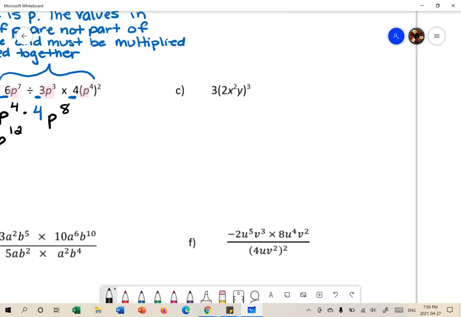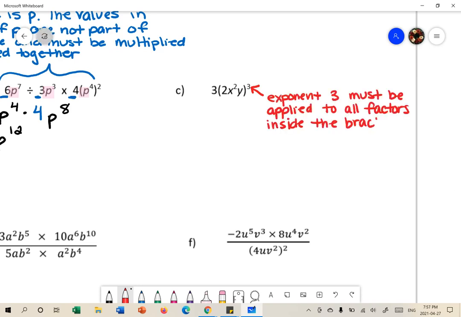C, 3 times 2x squared y, all raised to 3. So this exponent 3 must be applied to all the factors inside the brackets. So we're going to raise 2x squared and y to 3.